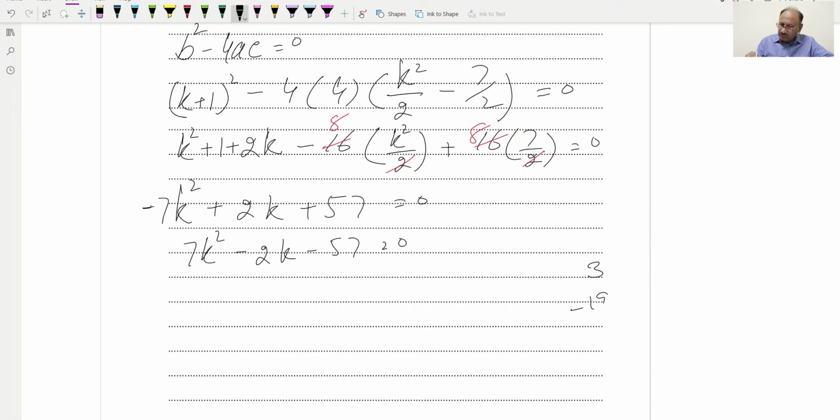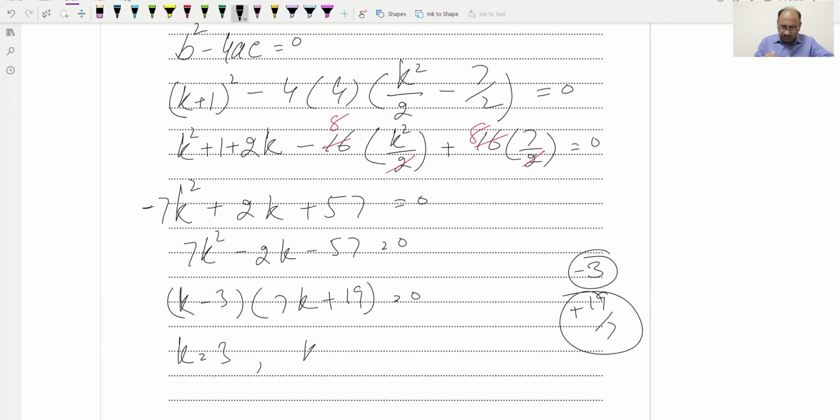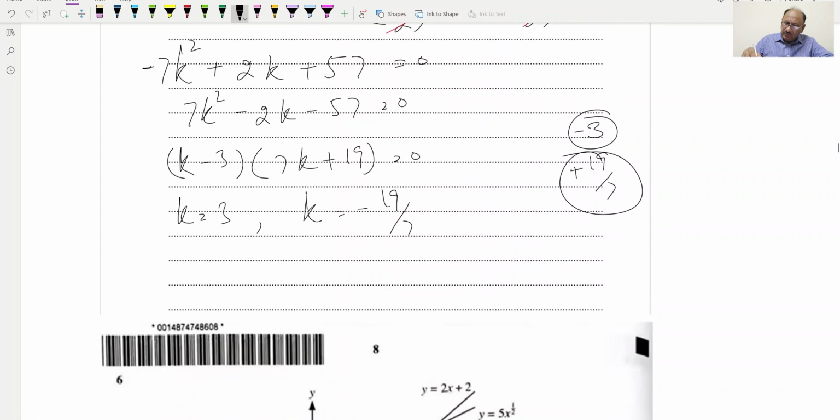If you want to provide working, we can change sign and write k minus 3 into 7k plus 19 is equal to 0. So k is equal to 3 and k is equal to minus 19 over 7, and these will be rough working I'm erasing, and these will be the two values of k which we found.